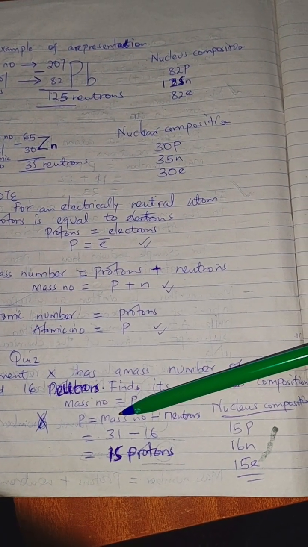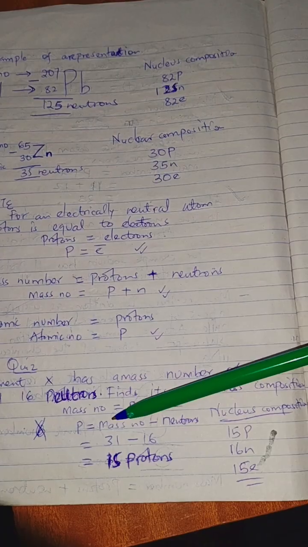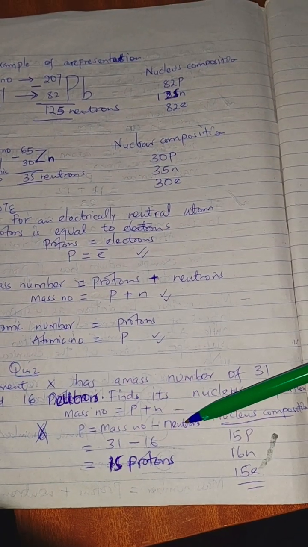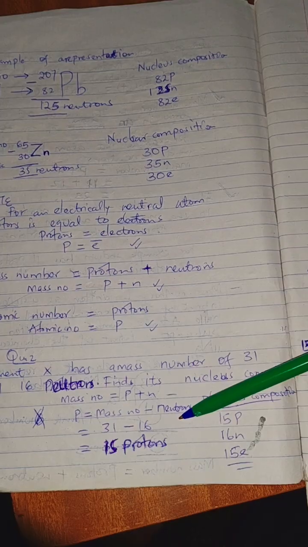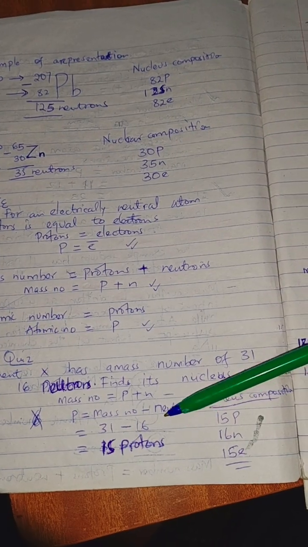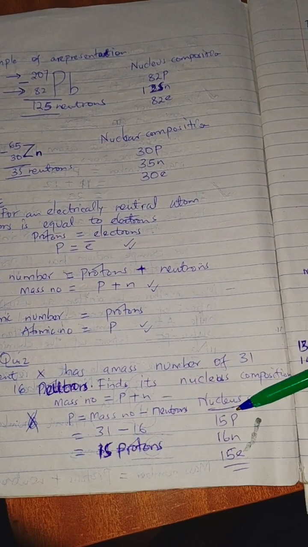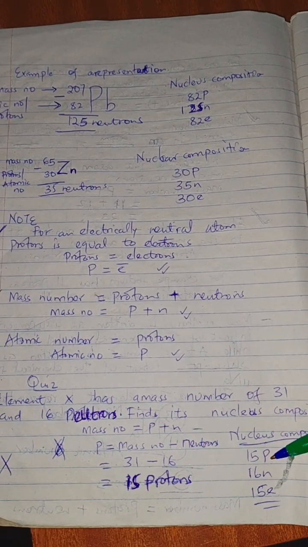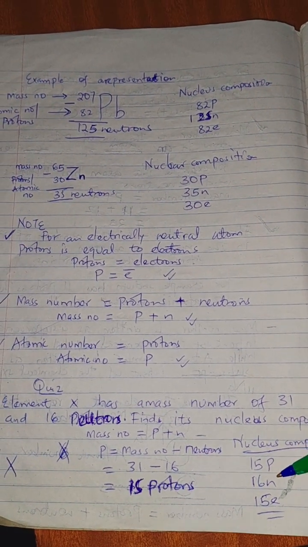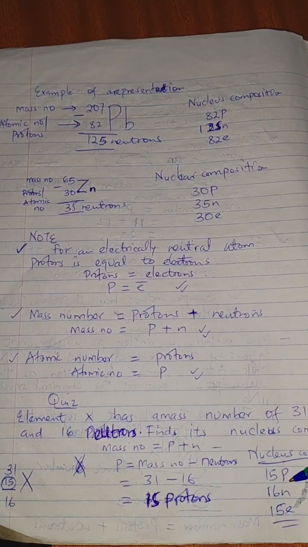Therefore, how can we find protons, which is also atomic number? It is mass number minus neutrons. Doing it, it's 31 minus 16, you get 15 protons. Therefore, nuclear composition is 15 protons, 16 neutrons, and 15 electrons.